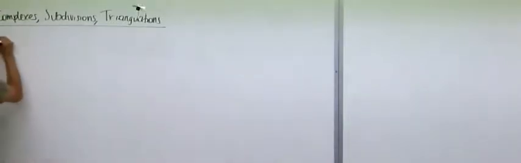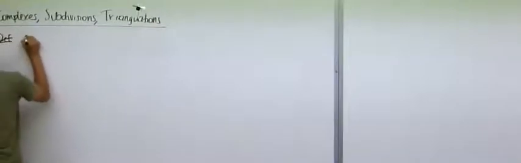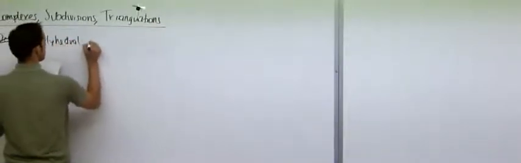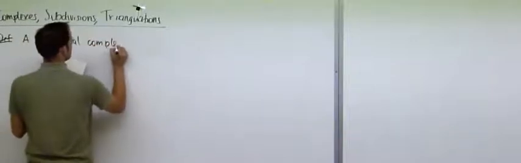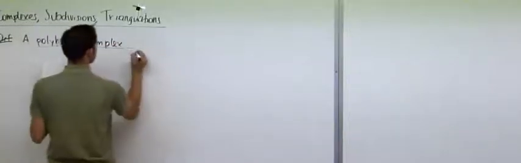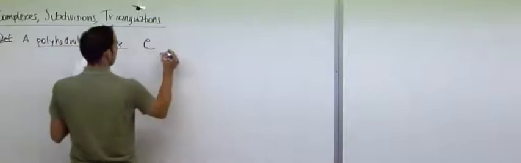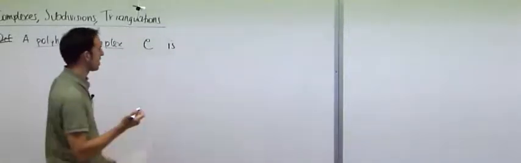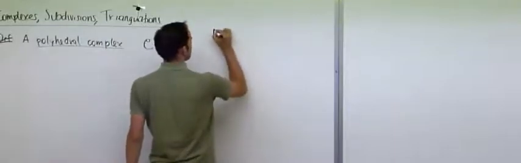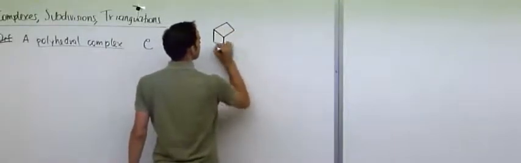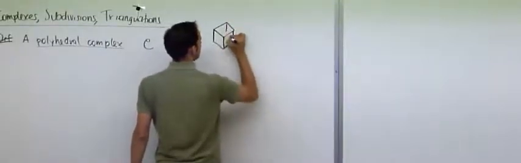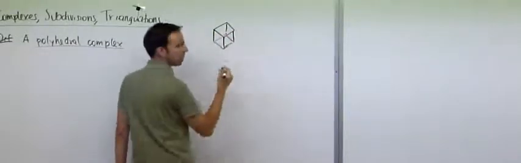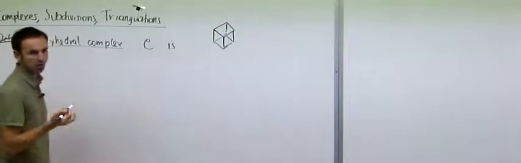Okay. So first, let me define for you a polyhedral complex. So first, let me just tell you what it is, and then we'll work out the mathematics. A polyhedral complex is basically what you get when you take a bunch of polyhedra and you glue them together.